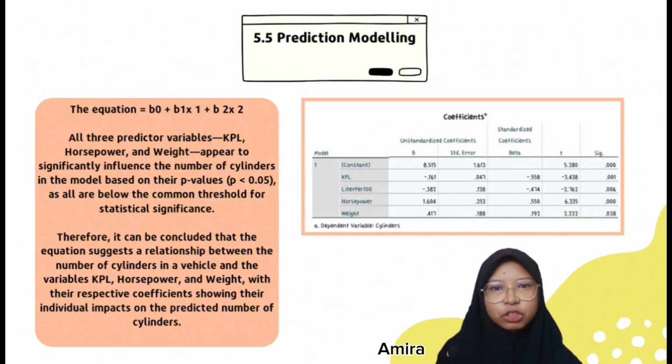Therefore, it can be concluded that the equation suggests a relationship between the number of cylinders in a vehicle and the variables liter per 100, KPL, horsepower, and weight, with their respective coefficients showing the individual impact on the predicted number of cylinders.